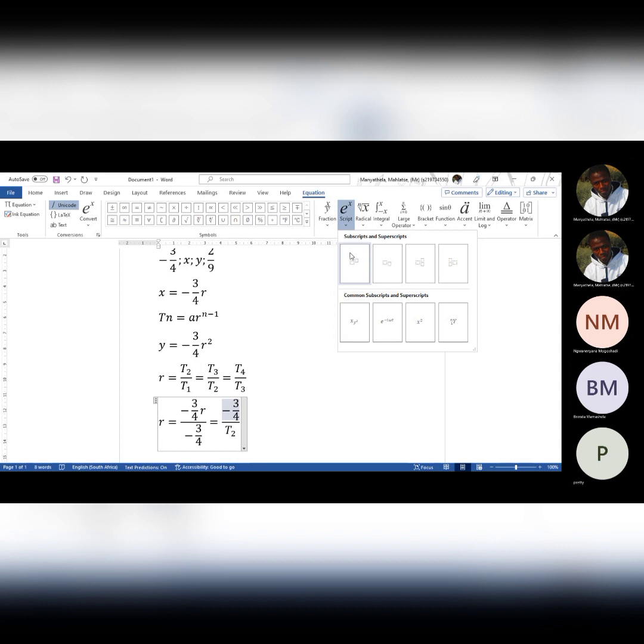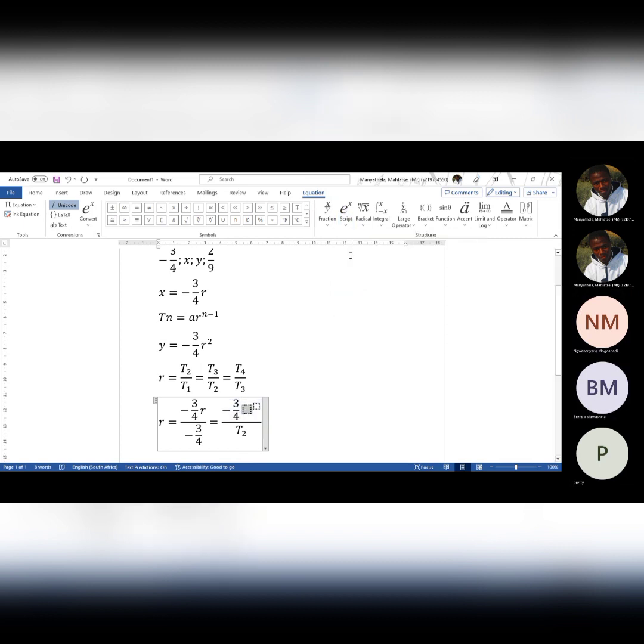R squared, okay. Term number 2 is negative 3 over 4r.